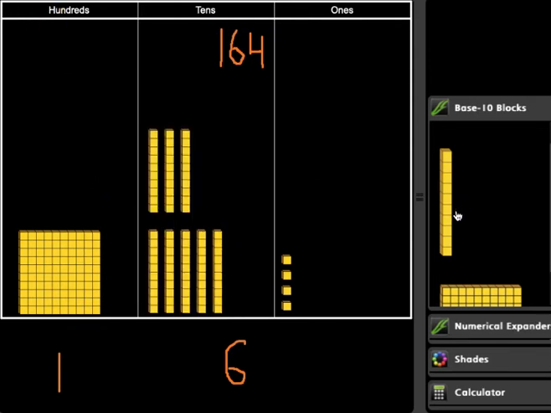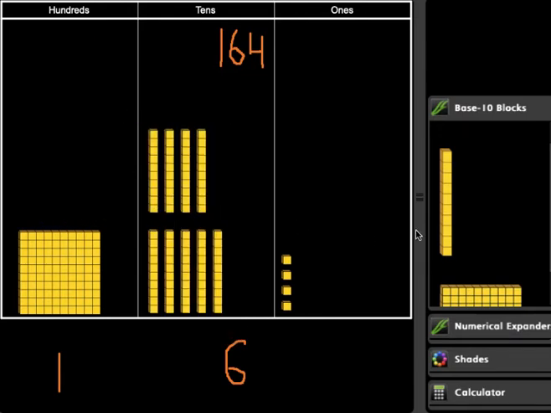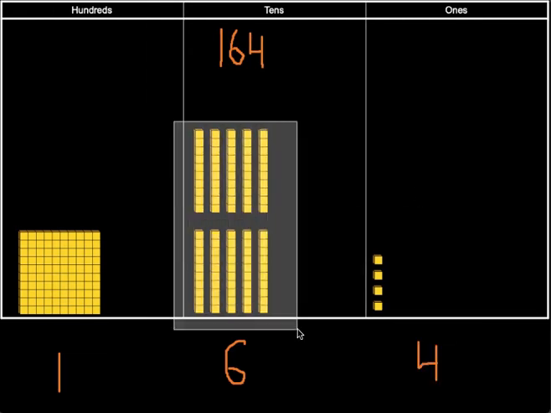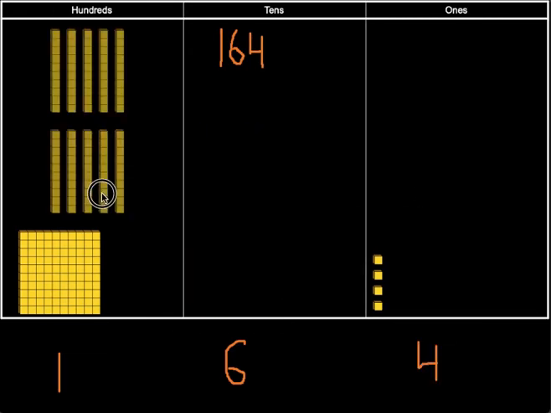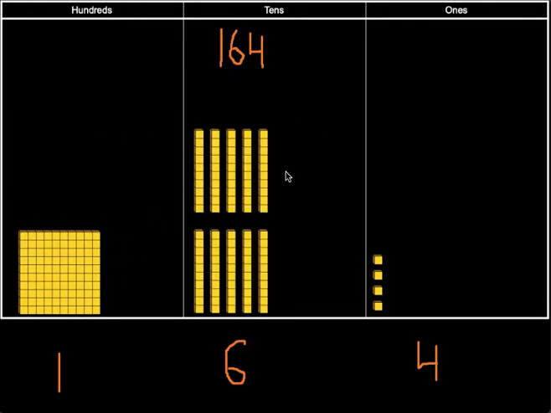Nope. 9? Nope, 9 is only 90. We are going to need 10. Let's check. Look at that. When we have 10 tens, that's the same as a hundreds block. So we can move it right over there.